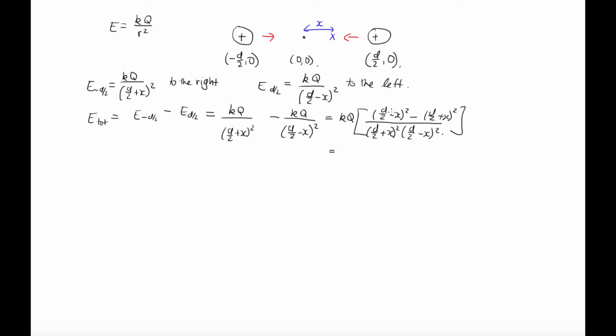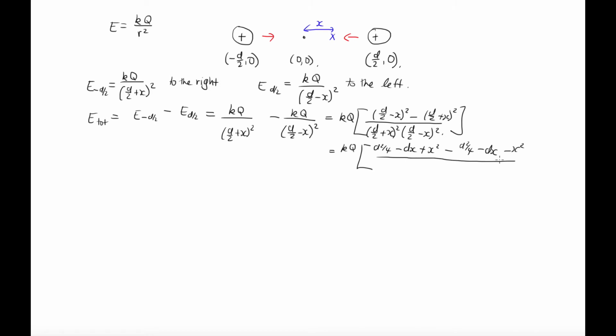Okay, so to simplify this, let's expand these brackets, and so we've got d squared on 4 and then 2 times d on 2 times x, so that's minus dx plus x squared, minus d squared on 4 and then minus dx, and then minus x squared.